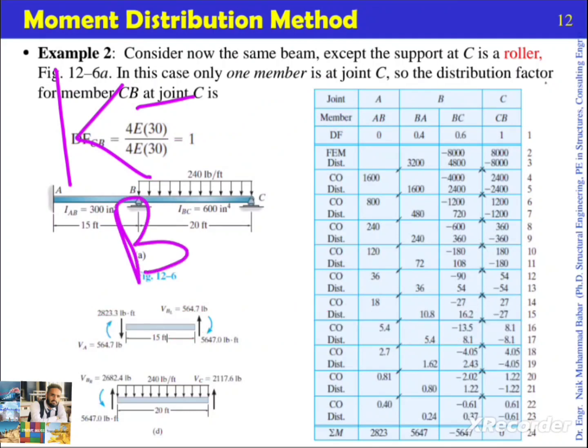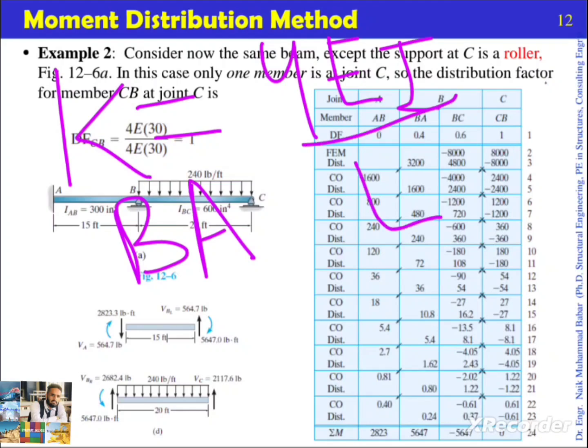KBA is equal to, by using the flexural stiffness formula, EI by L. E is the elastic modulus, I is the moment of inertia of that span, and L is the length of the AB span. Putting the values, we will get the value of KBA, the stiffness for BA.